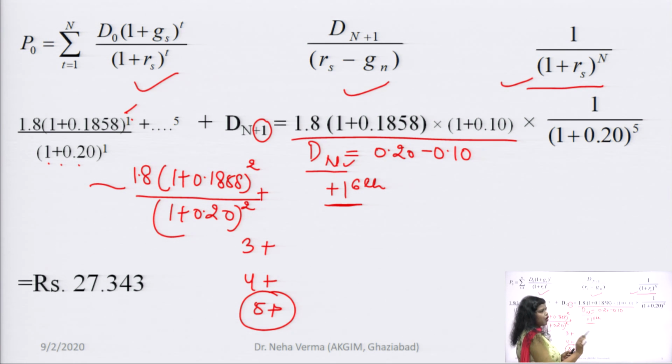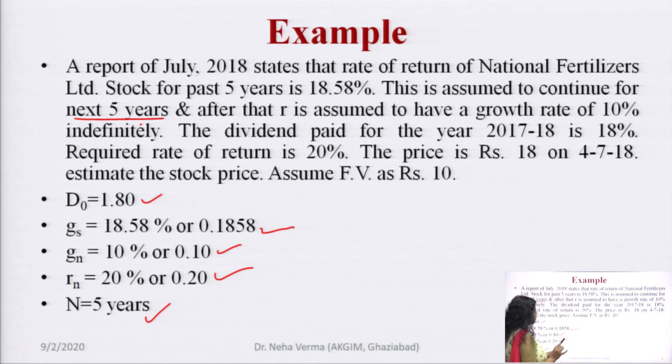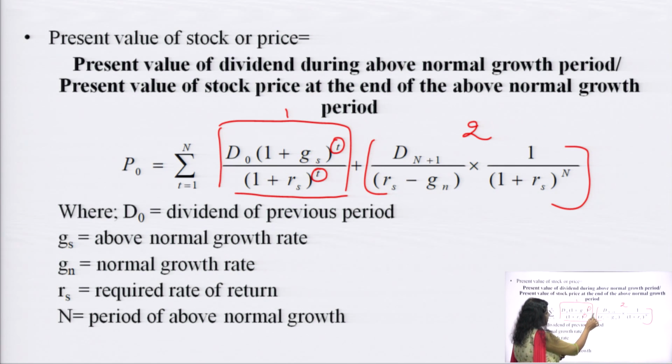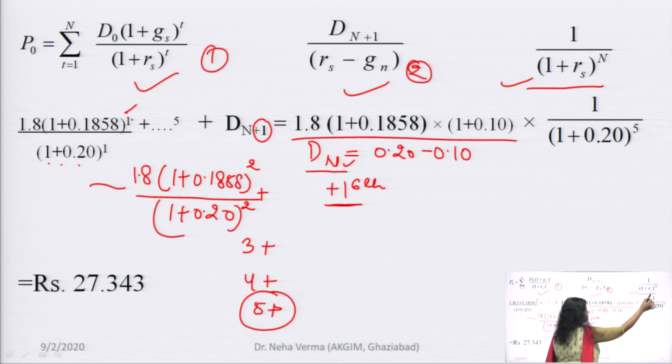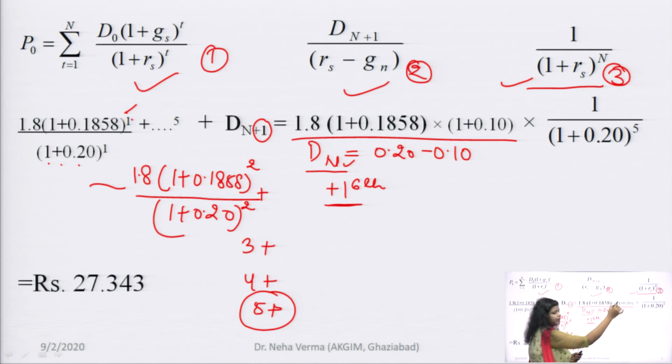Once the values of all three factors have been calculated, they will be put into the original model. The original model says the first value plus the second value multiplied by the third value. So after calculating the values for number 1, number 2 and number 3, we will put the values in the initial model used for the two-stage growth model.